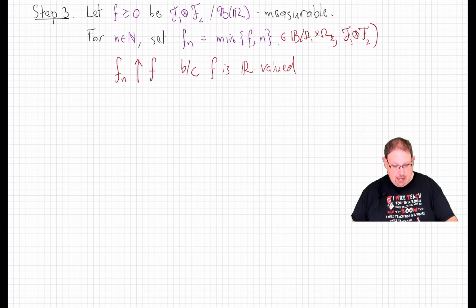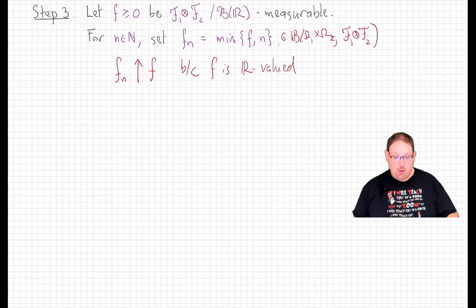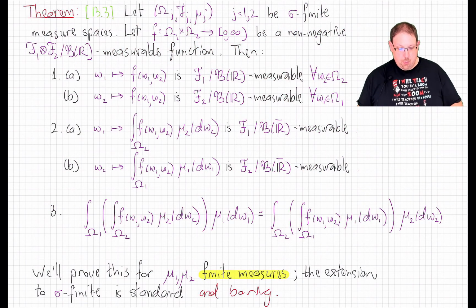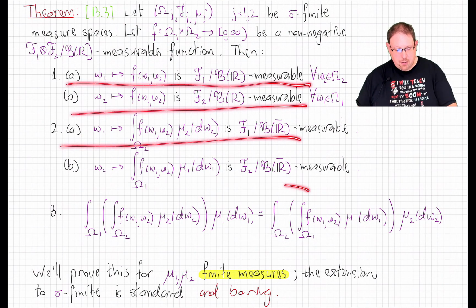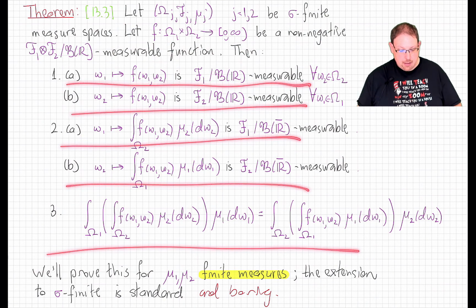And fn increases to f, so now if we go back and stare at those conditions one more time, we see that if I have a sequence of increasing non-negative functions converging to a non-negative function, that each of these conditions must transfer from the sequence to the limit.